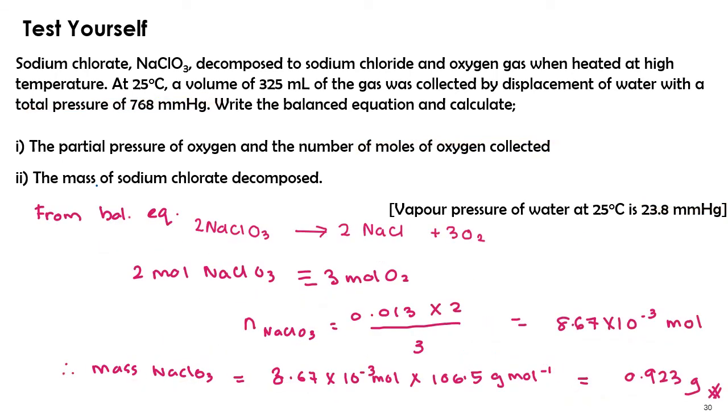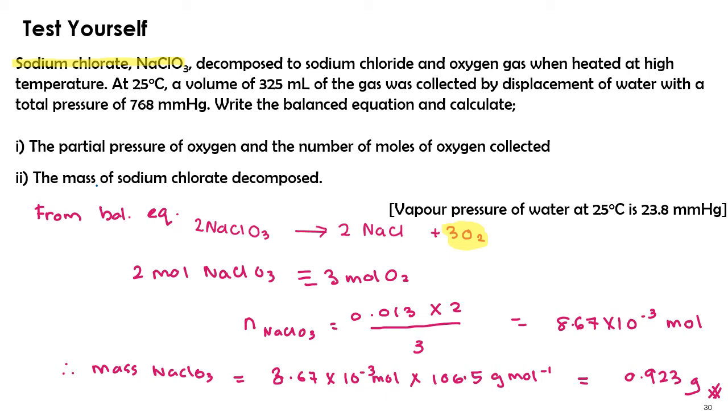For the next question, the mass of sodium chlorate decomposed. So you want to find the mass of your sample that decomposed. From the balanced equation that we wrote before, 2 moles of sodium chlorate will produce 3 moles of oxygen gas. Why do we compare with the gas? Because we have information about the partial pressure of this oxygen gas.